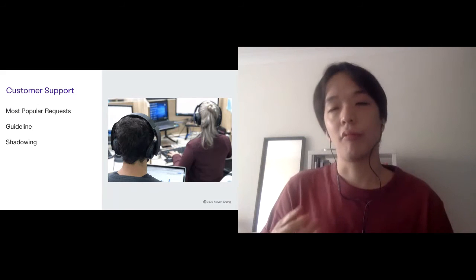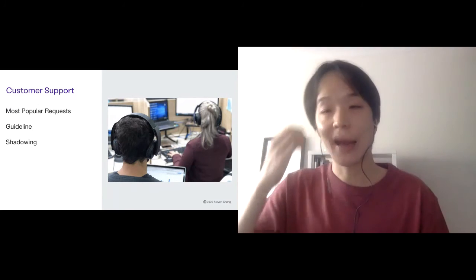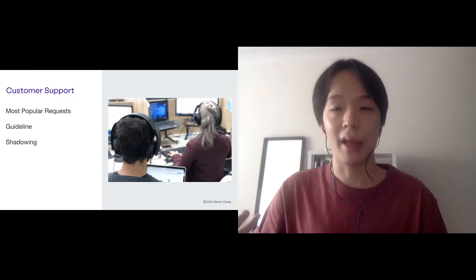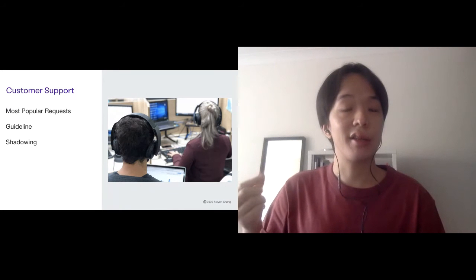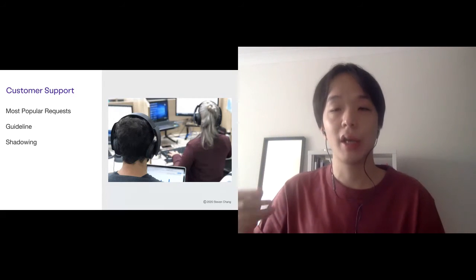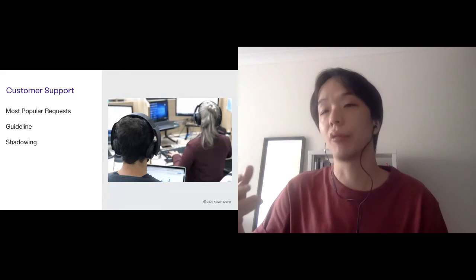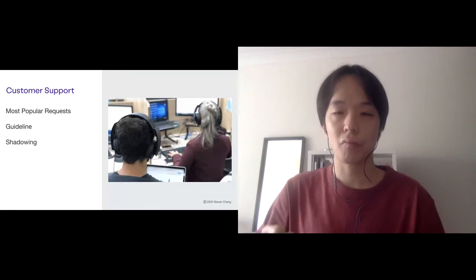For example, when I designed for voice user interface, I shadowed and listened in on calls. By listening with the customer support team for our users on call, it reveals things that analyzing chatbot queries alone might not be able to reveal.